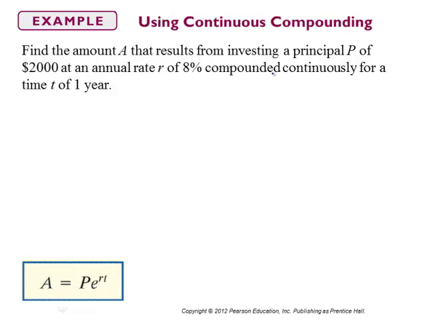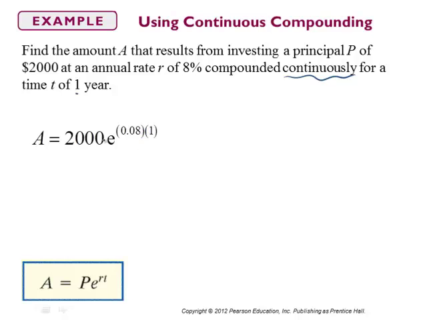The fact that we're told that we have continuous compounding tells us to use the exponential. We're told that we have a principal of 2,000, interest rate of 8% or 0.08. The time is going to be 1 year. So now we can go ahead and plug in those numbers for P, R, and T.